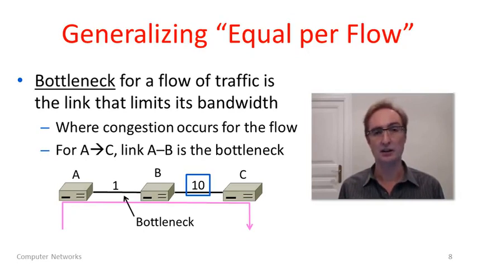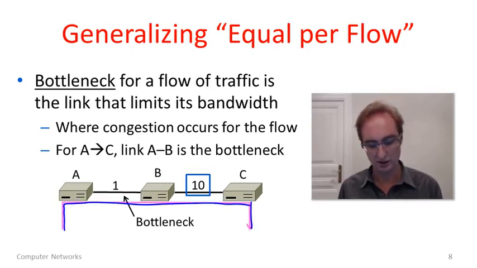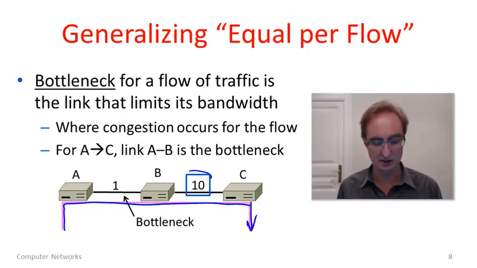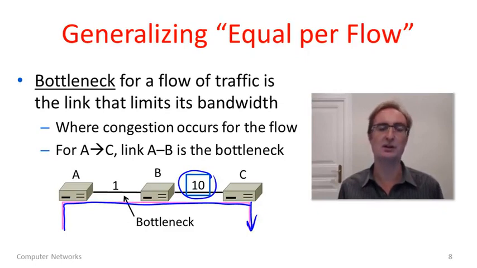The bottleneck for a flow of traffic is the link which is limiting the bandwidth. So for instance, if I have that flow, this is going from A to C through this network, it's going across two different links. Now note I've changed the capacity of one of the links in this network so that it's 10 units. It's a fast link. The former link between A and B is still slow at 1 unit of capacity.